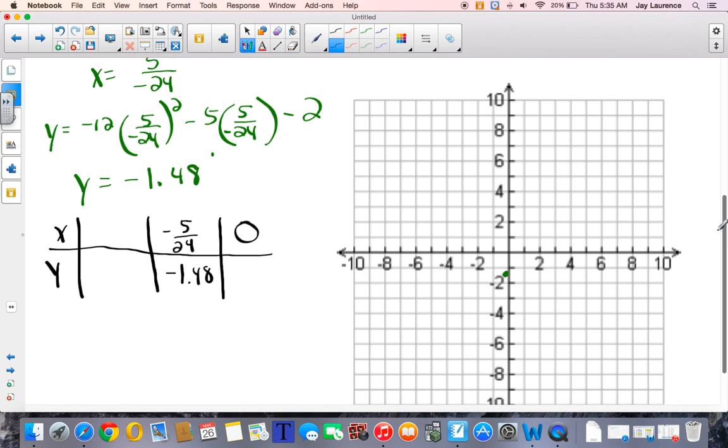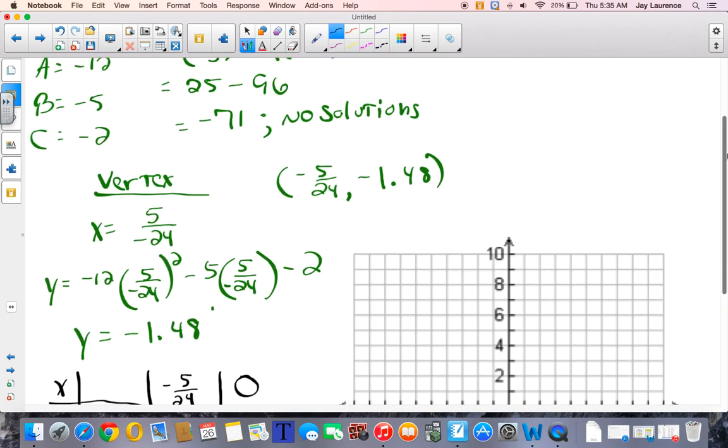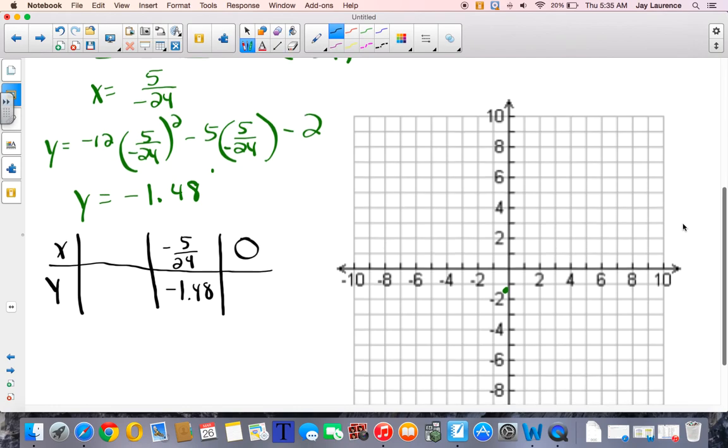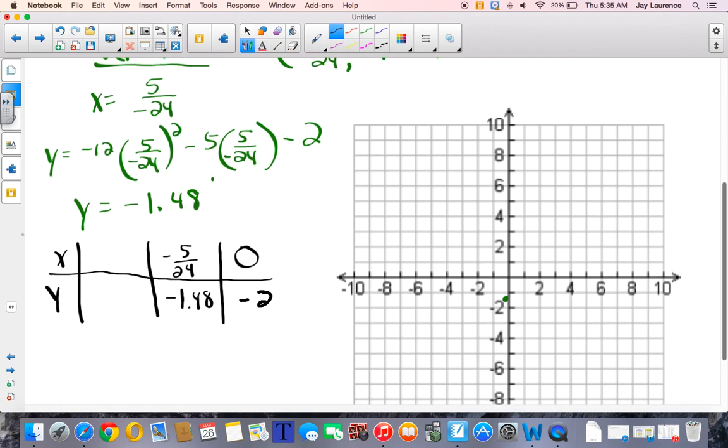And when I put 0 in, I'm going to get negative 2 out. I'm going to go the other way. I'm going to put negative 10/24. I'm going to get negative 2 out. And so then I'm going to graph this and this, and my parabola is going to look real tight. It's going to be really scrunched together down here. Something like that.